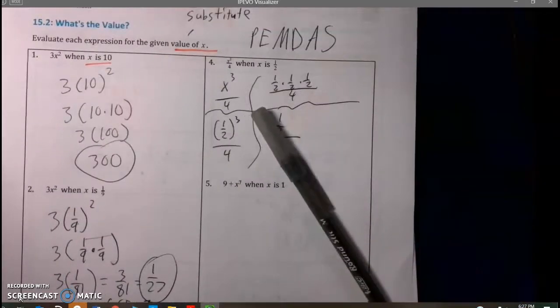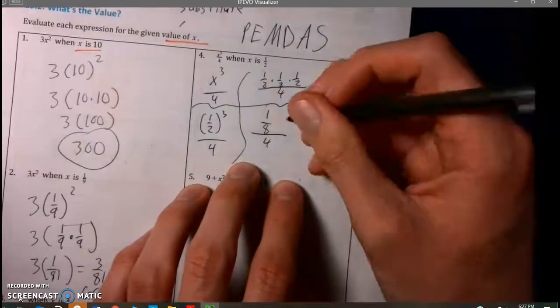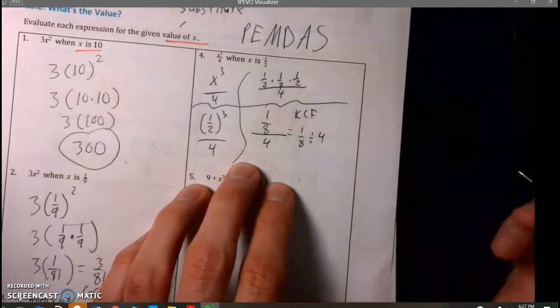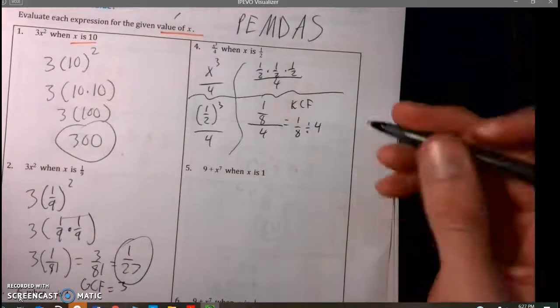So fractions are division, but what is 1/8 divided by 4? Well, whenever we divide, especially with fractions, we can always keep in mind the old keep, change, flip. So if I wanted, I could rewrite this as 1/8 divided by 4. 1/8 over 4 is the same thing as 1/8 divided by 4.